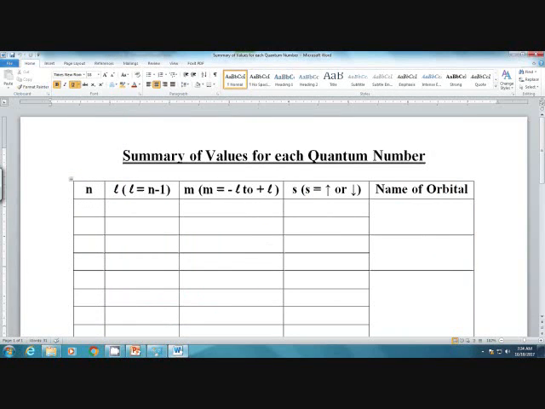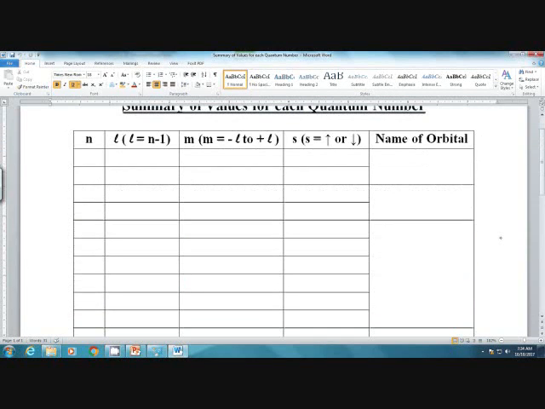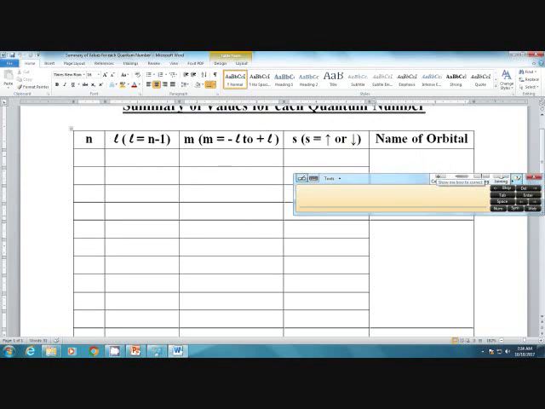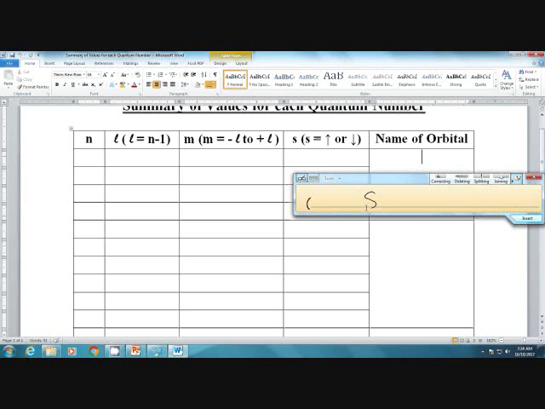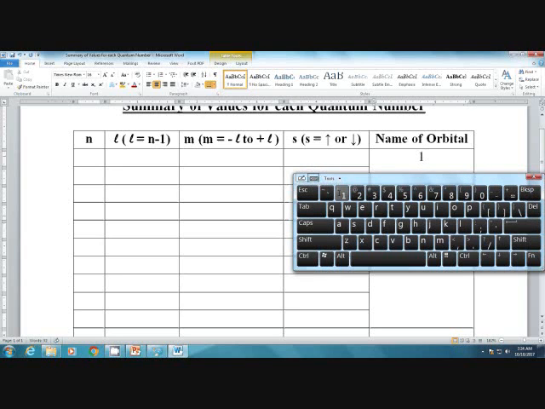I don't have the numbers filled in because I can't actually write. But the first orbital has a 1 and a 0, so that's going to be called 1s. Let's go here. 1s.